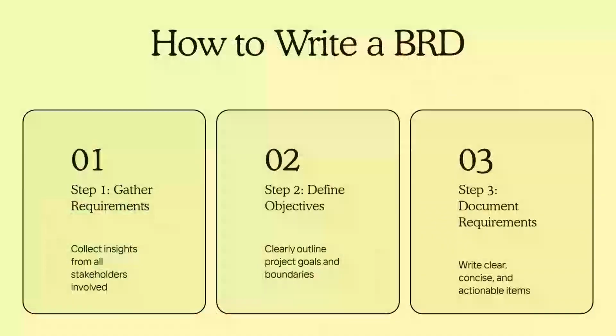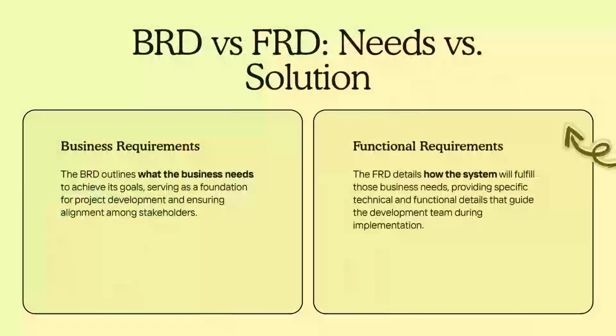Write each requirement clearly, use simple language, avoid technical jargon, and make sure every requirement is measurable and testable. Step 4. Get sign-off. Share the BRD with all key stakeholders, gather their feedback, make revisions, and get their formal approval before development begins.